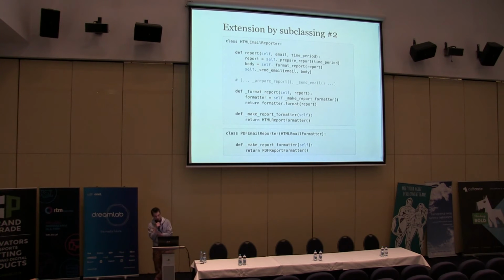It's better than the previous example because now each class has its own responsibility, each class is reusable and portable. We can also extend it by inheritance, where we change only the method for creating the dependency. It's not responsible for formatting, it just creates the dependency. But still it's not perfect.